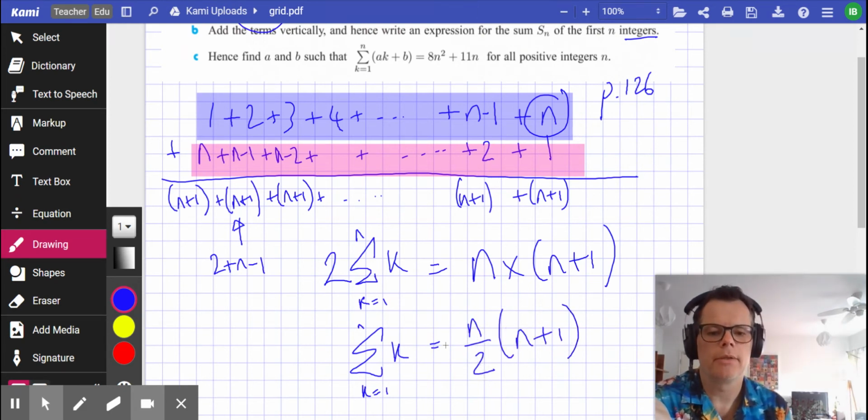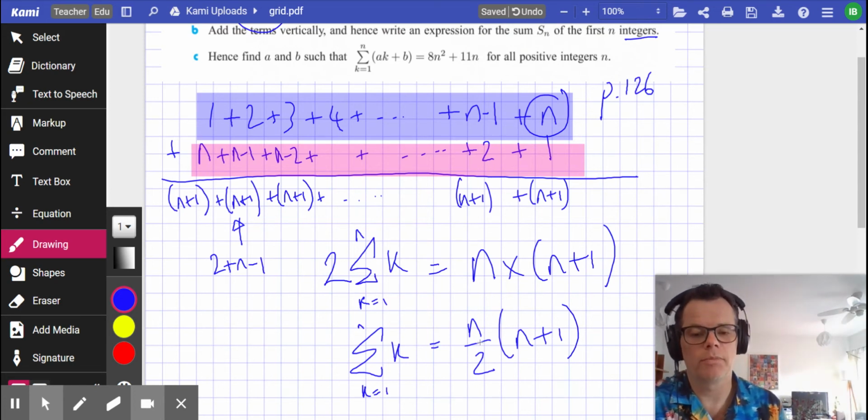That's actually in the formula book, but you've actually proved that formula for the sum of the first n integers. So if you do the sum of the first 10 integers, that's 1 plus 2 plus 3 plus 4 plus 5 plus 6 plus 7 plus 8 plus 9 plus 10, it will be the same as 10 divided by 2 brackets 10 plus 1. In other words, 5 times 11, which is 55, the same answer as 1 plus 2 plus 3 plus 4 plus 5, 6, etc.